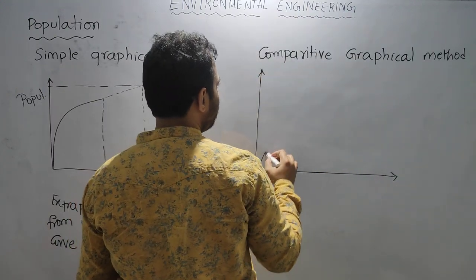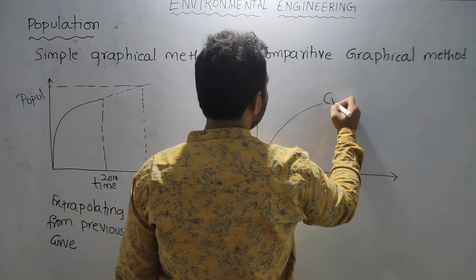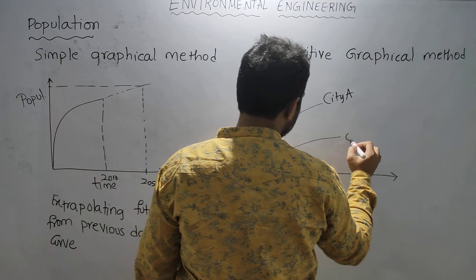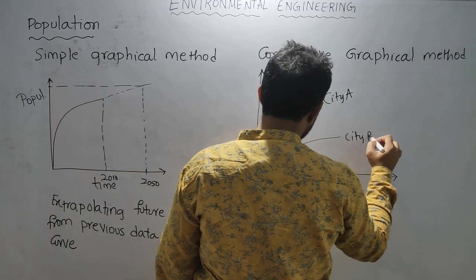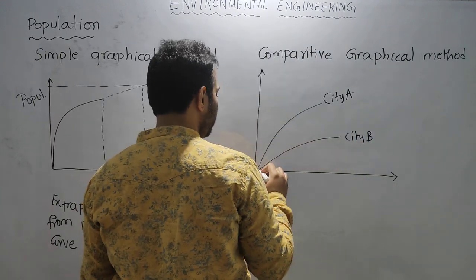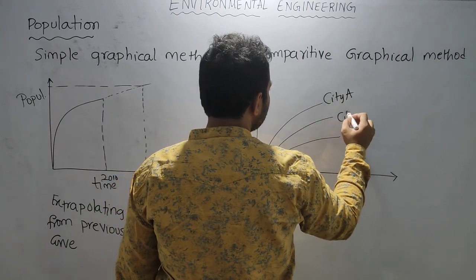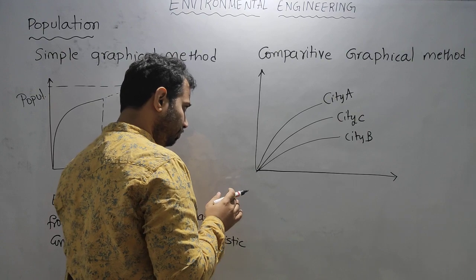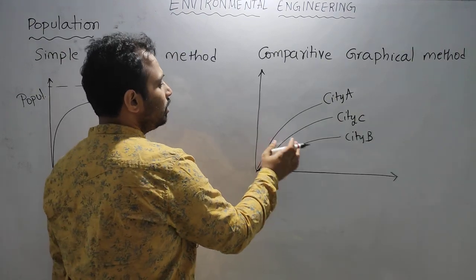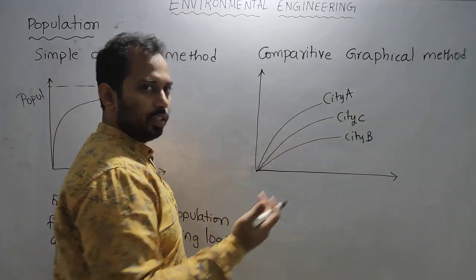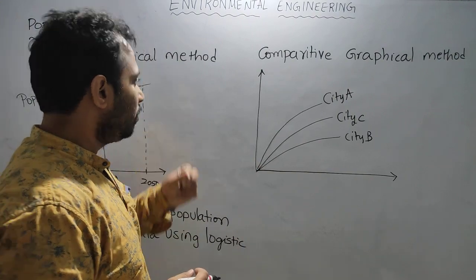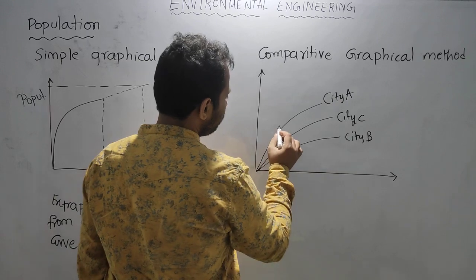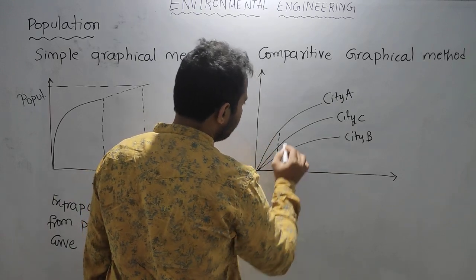This is the growth curve of city A. This is the growth curve of city B. I want the growth curve of city C. Now, city A and city B are very old cities. So for example, here is the population of city C, if I take a straight line like this.